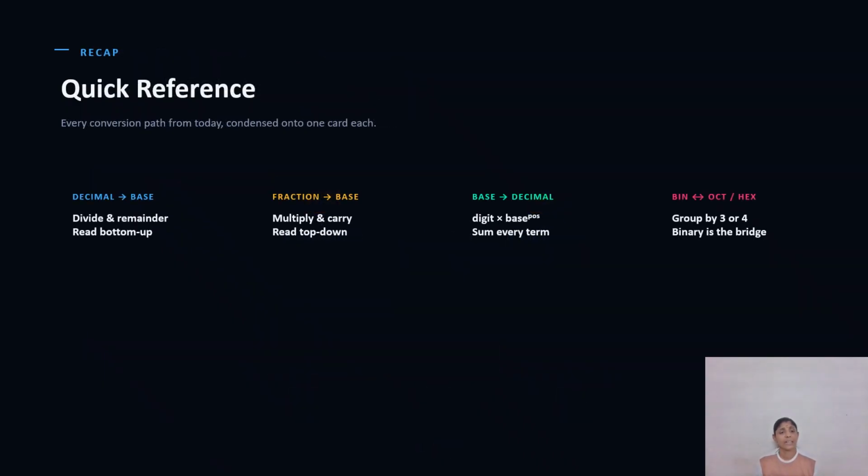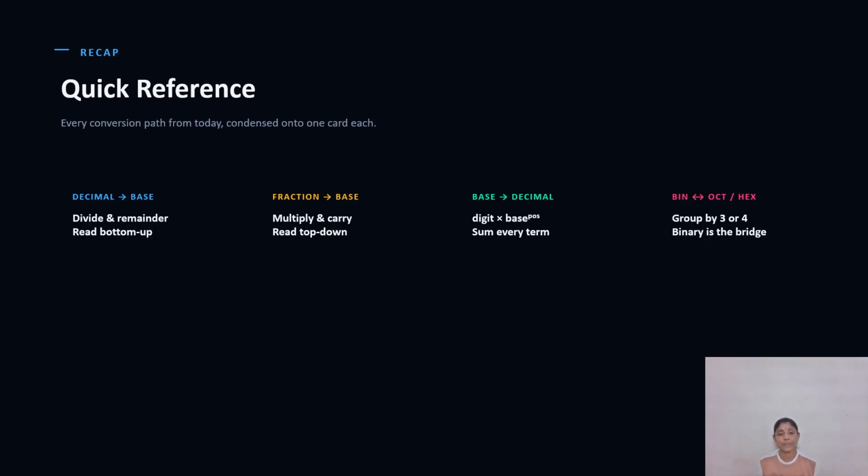Right? So it is a simple and quick reference to whatever you learned in the earlier slides. In the first slide, what you learned? How to convert the decimal to other bases. If it is decimal to other bases, two things you have to remember. If it is the integer part, you have to do the continuous division and check the remainder, and the remainders should be read bottom to top.